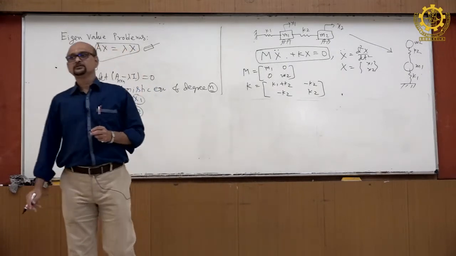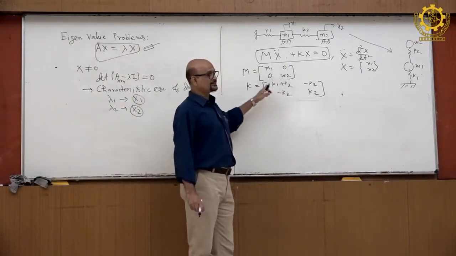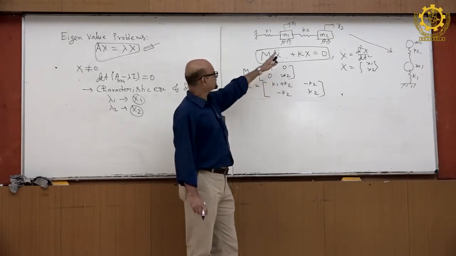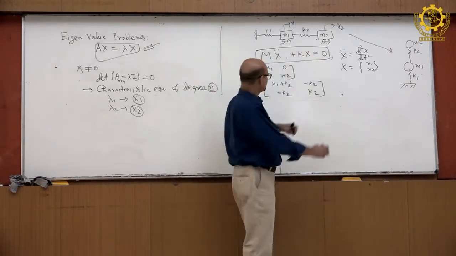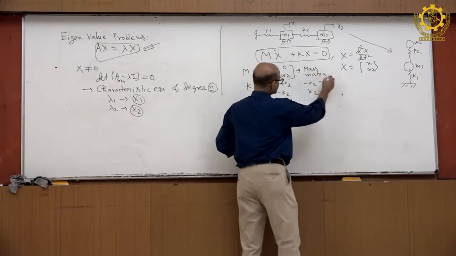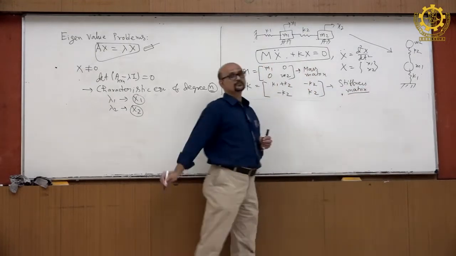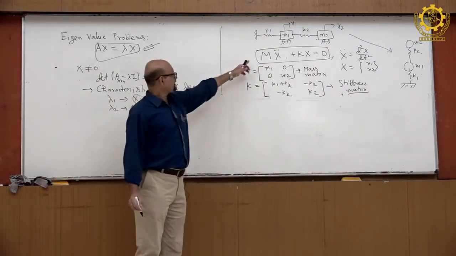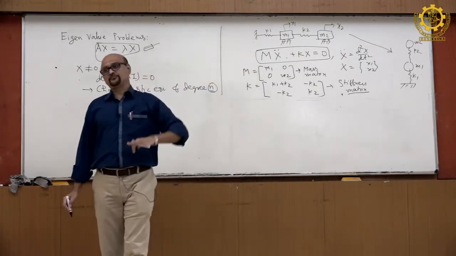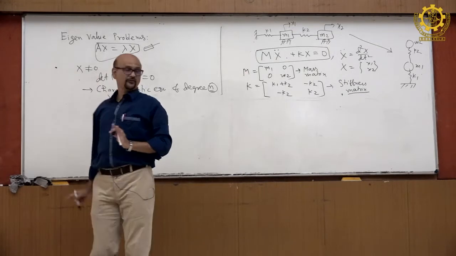Here the K matrix has all the stiffnesses of the springs. So, this is your mass matrix, this is your stiffness matrix. Now, I told that this can be transformed to an eigenvalue problem.